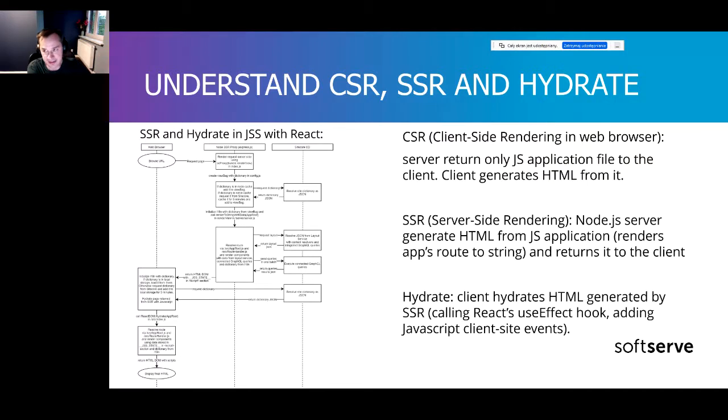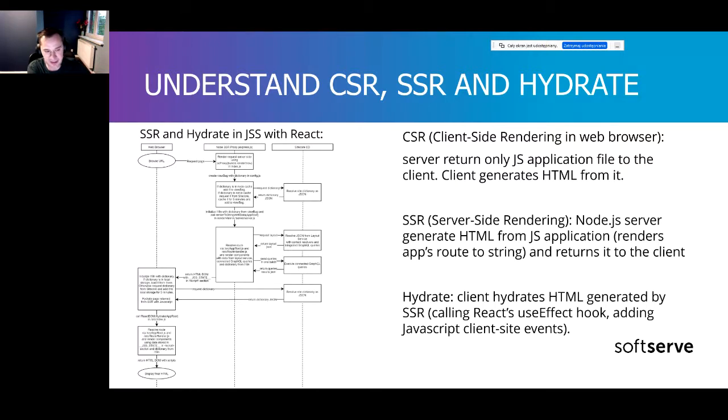The connected GraphQL queries are also called at this stage, because when you use connected GraphQL queries with server-side rendering, they are called only by the server side, so the browser doesn't need to call them again.